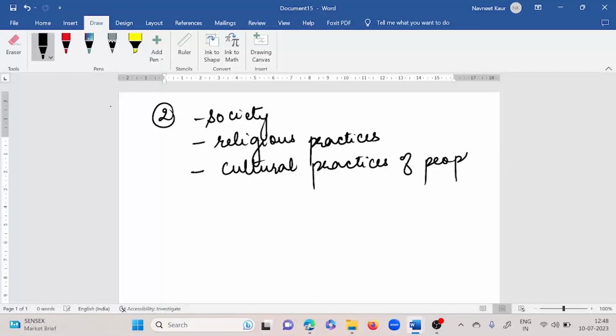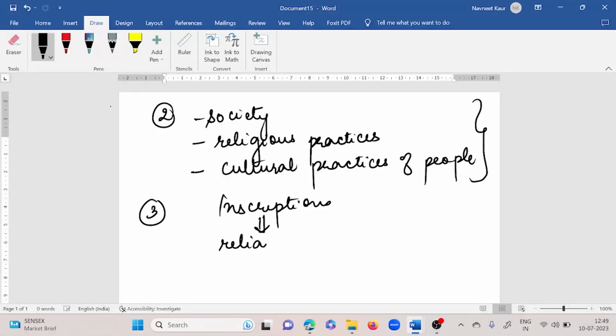This is the second thing that was told through those inscriptions. Inscriptions are reliable sources of history.